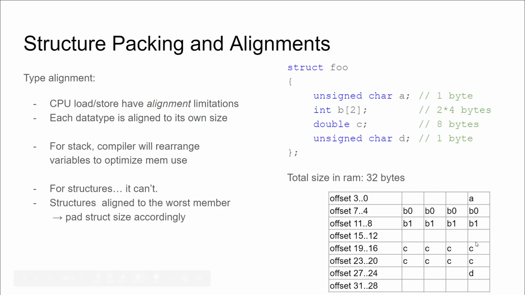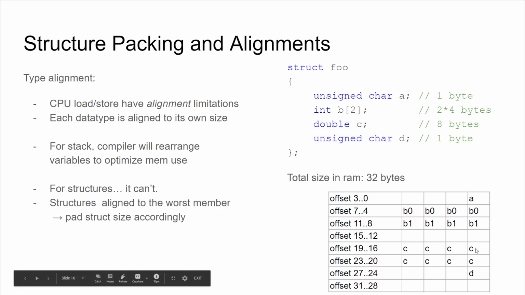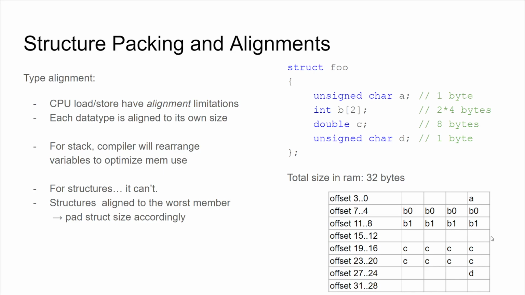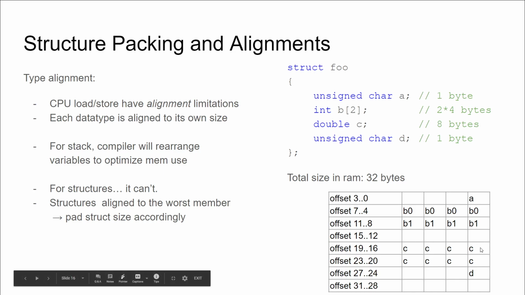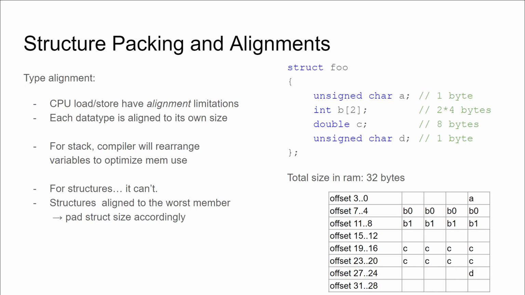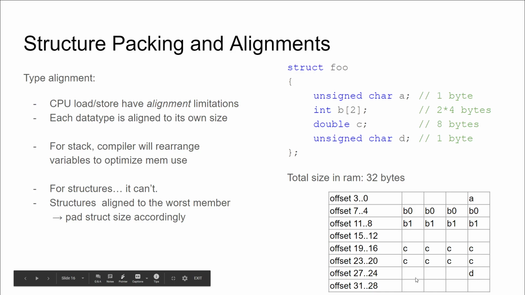And again, C must be at an 8-aligned address, so that leaves 4 holes here. And yeah, sure, D can follow immediately after C because it's a 1-byte data type, meaning it has a 1-byte address requirement. But then we have to add another 7 bytes worth of data in here. Again, dummy data. It's not actually useful for anything.